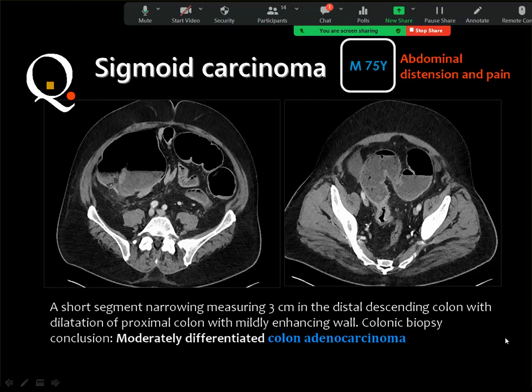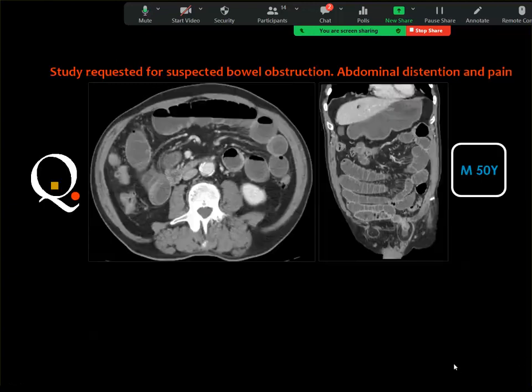This is sigmoid carcinoma. You see a structured part of the sigmoid colon with thickening of the wall encroaching on the lumen, as well as proximal dilatation of the colon containing multiple air fluid levels. And this is a sigmoid cancer with proximal small bowel obstruction.